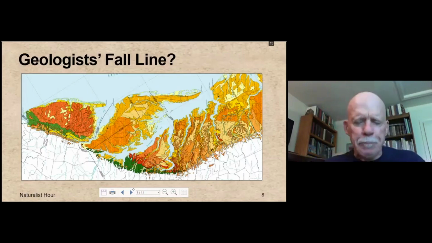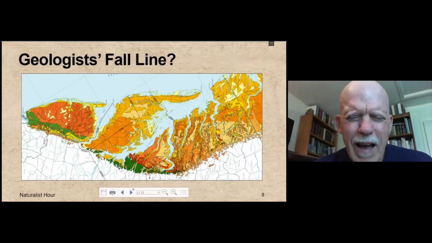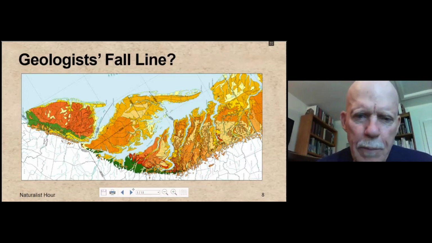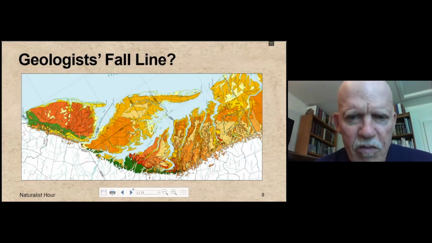Okay, now we have this idea of a fall line being the boundary between the coastal plain and the Piedmont.